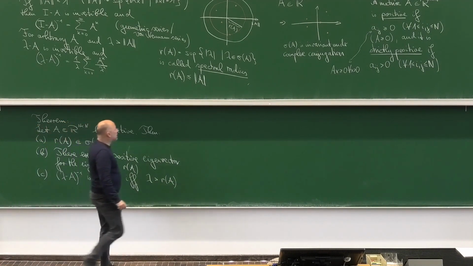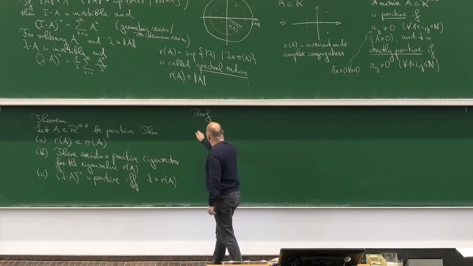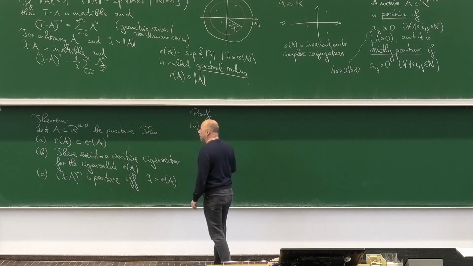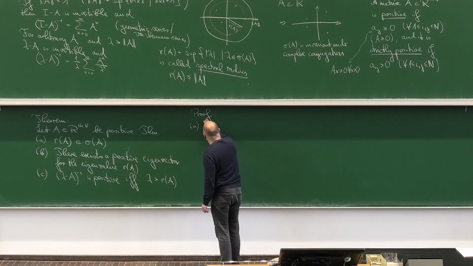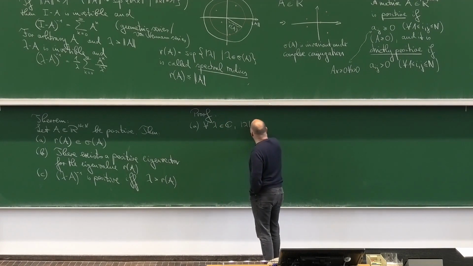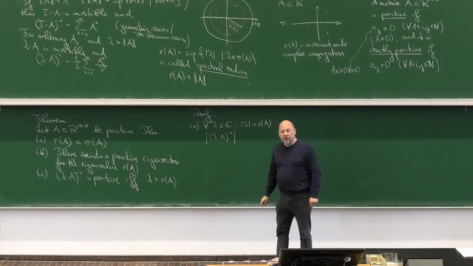Let me prove this statement. First, we start with A. For every lambda in the complex plane with the absolute value of lambda greater than the spectral radius, we have lambda minus A inverse. And I take here the absolute value. Even for matrices, I can take absolute values.